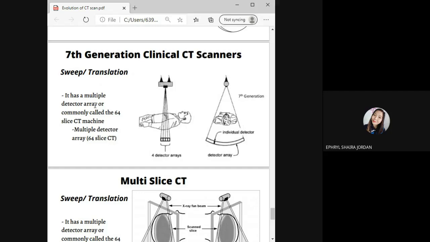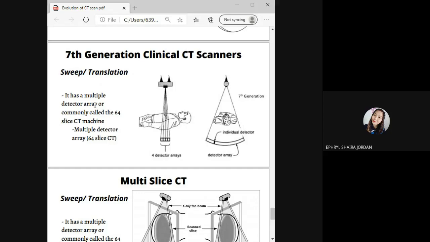So when you say slice, 'di ba usually imagine nyo na, ay parang baka sa isang scan 64 slices ang ma-acquire niya. So hindi pala yan siya sa literal na slice. Ang 64 slice, when you say 64, the number of detectors. So if it's 1 to 8, 1 to 8 ang detectors niya.